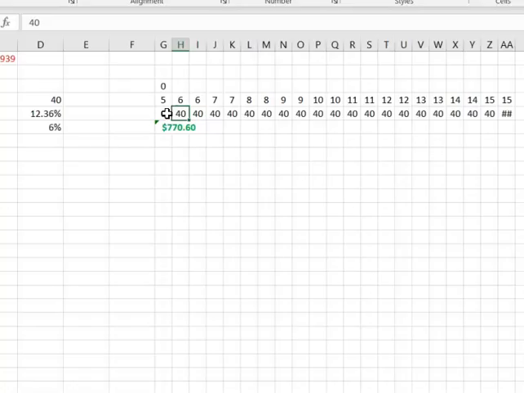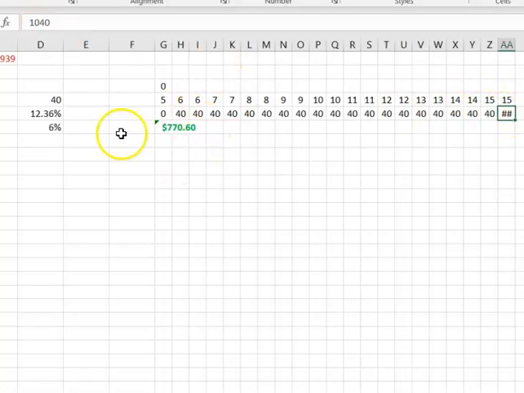So you are just paying first 6 months 40, second 6 months 40. Now we are in year 7, and like that it continues. And in the last part, as you can see here, you are being paid 1,040. 1,000 for the face value and 40 for the last interest you are getting.